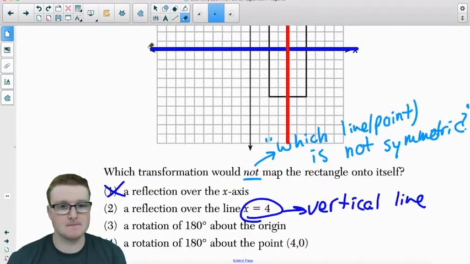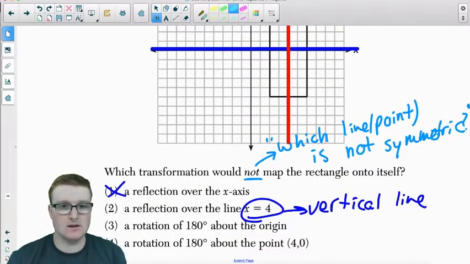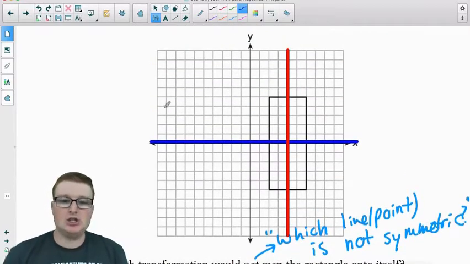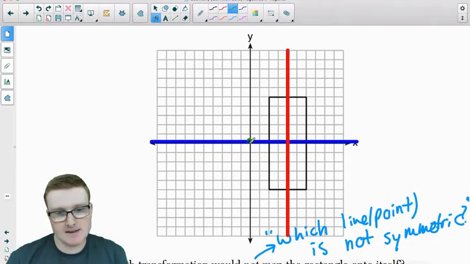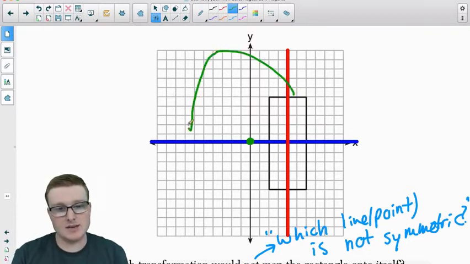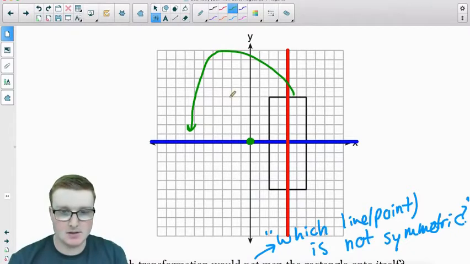For the third one, it says a rotation of 180 degrees about the origin. So they're saying if you rotate it 180 degrees about the origin, this will rotate one entire semicircle and end up right over here in this vicinity.